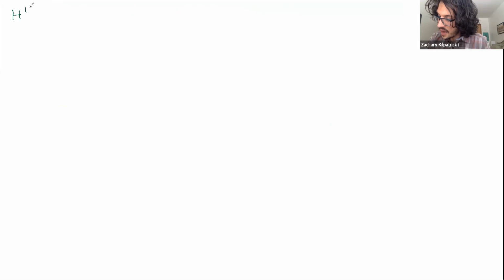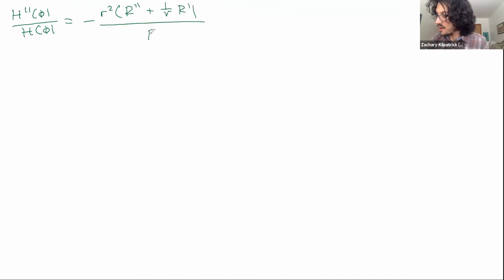So we get that h double prime of phi over h of phi is equal to minus r squared r double prime plus r prime over r. We'll say this is equal to minus lambda.